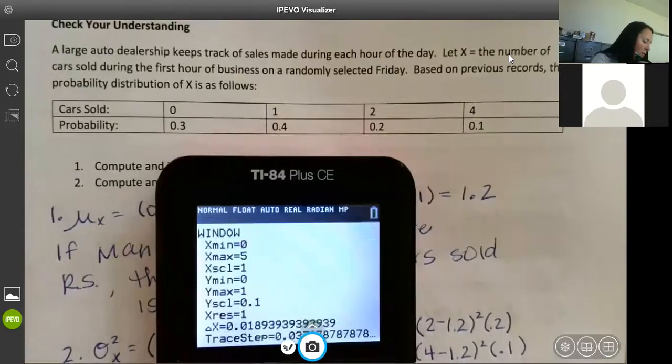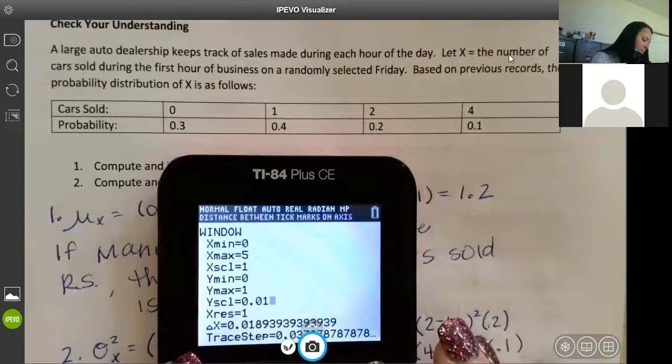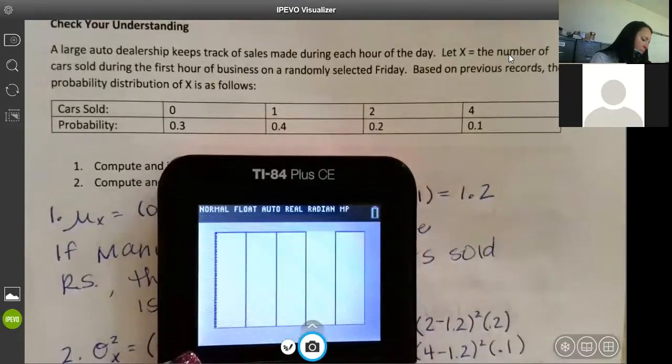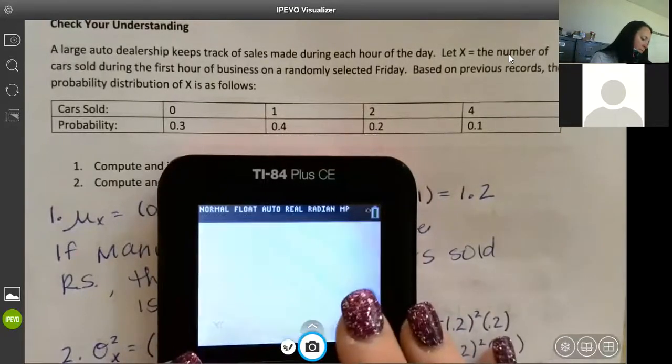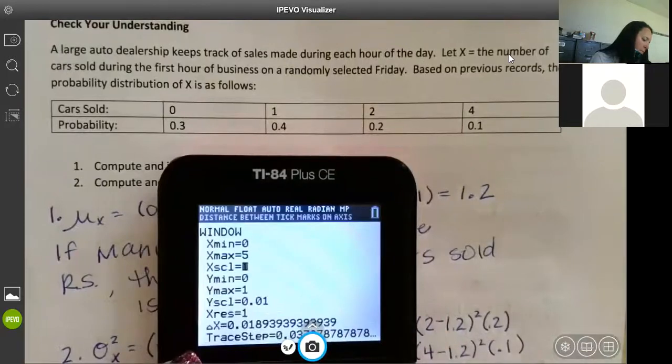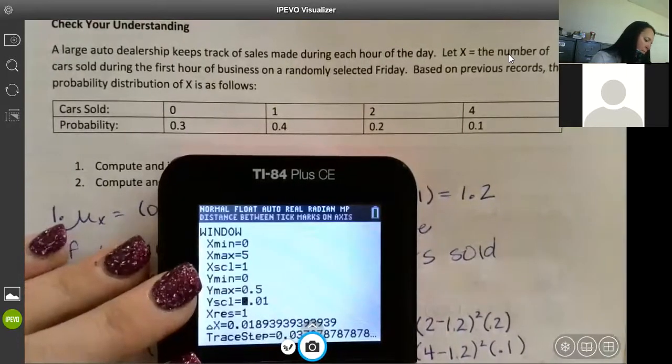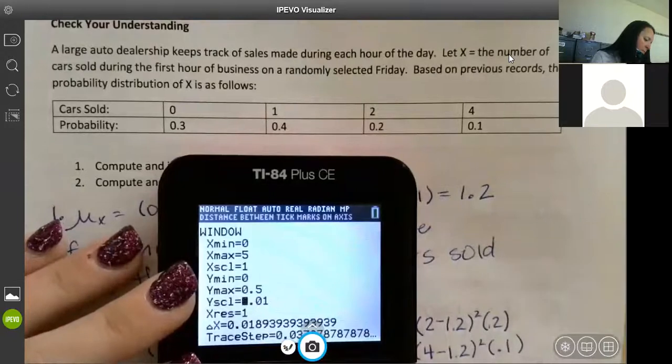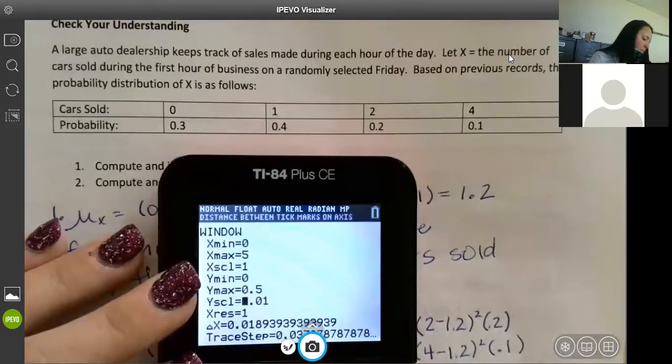It's my Y scale, whatever's wrong with my Y scale. It should not look like that.